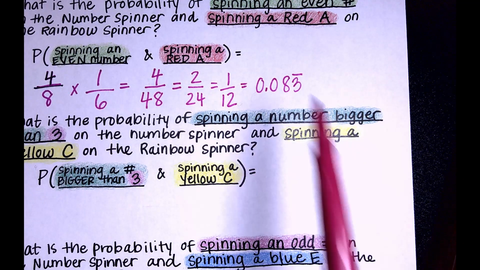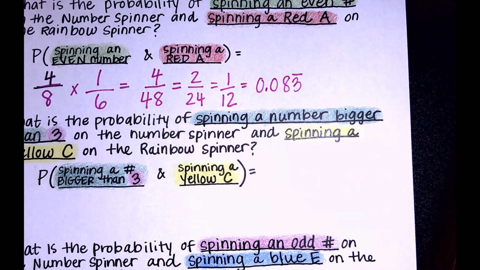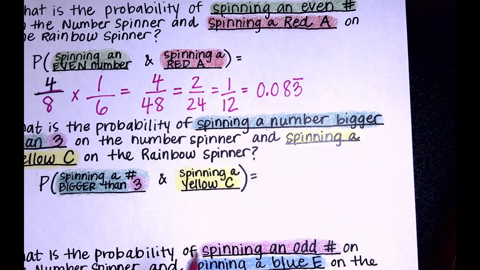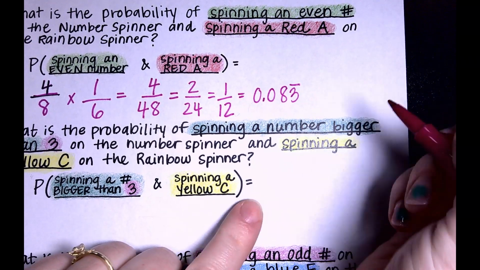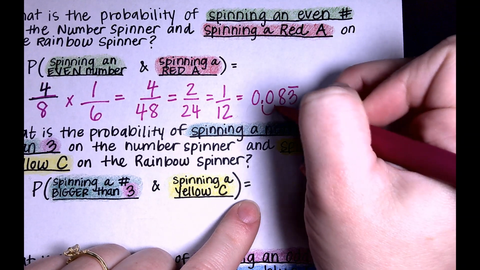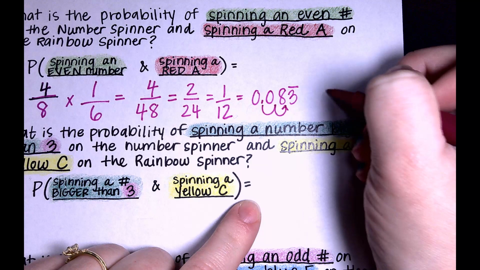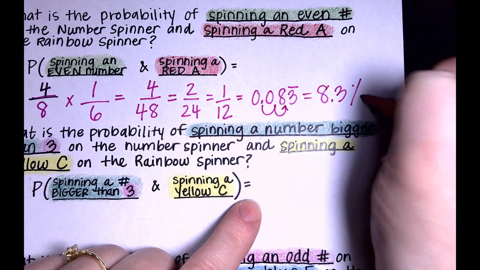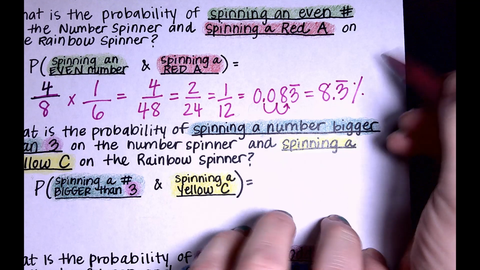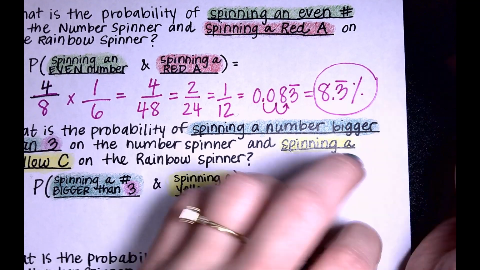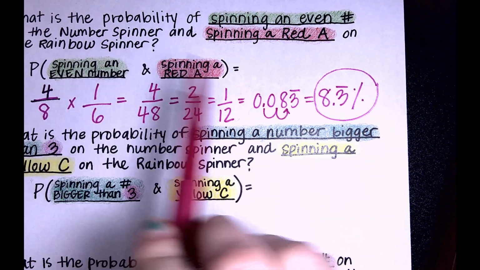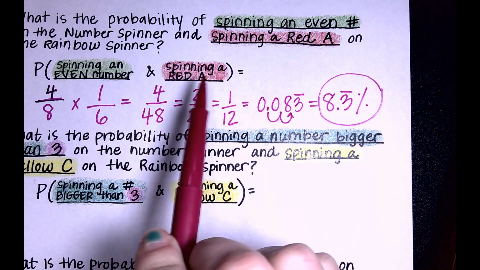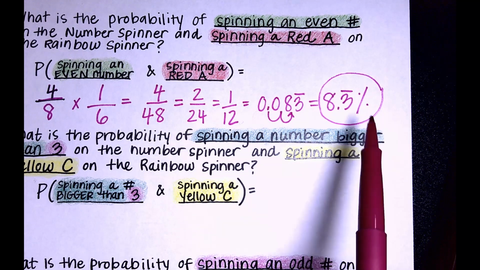So now that I have my decimal, what's my percentage? 8.3%. I just moved that over 2 spaces. And that 3 repeats. So the probability of spinning an even number and landing on a red A is 8.3%.